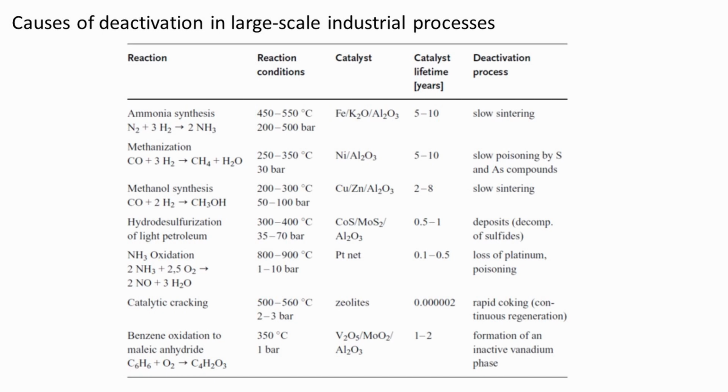Prevention of catalyst degradation poses substantial challenges in the design and operation of large-scale catalytic processes. There are many paths for catalyst decay. For example, a catalyst may be poisoned by any one of the dozen contaminants present in the feed.